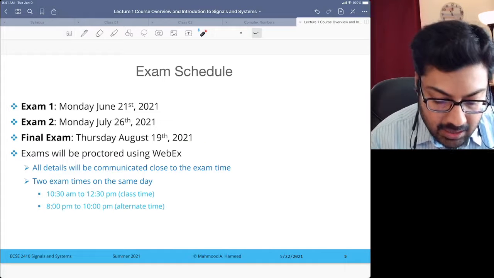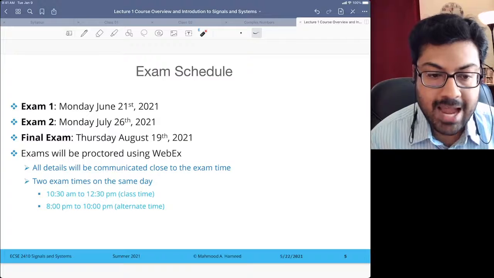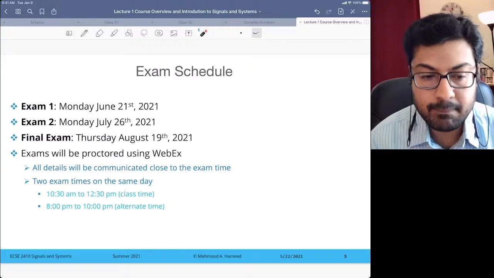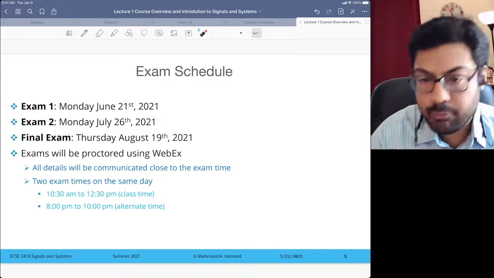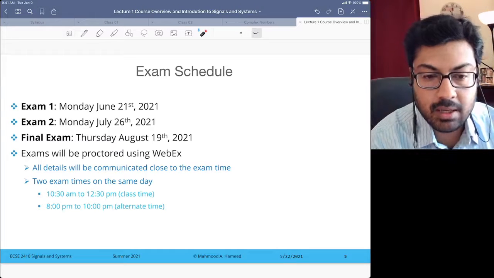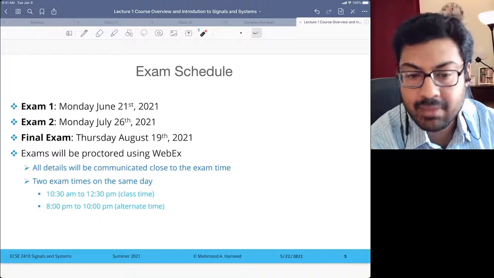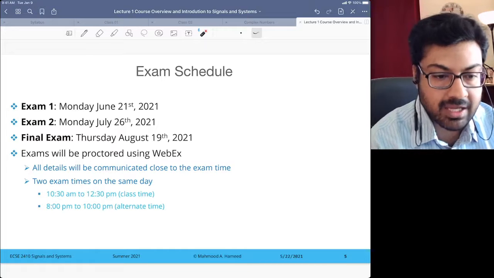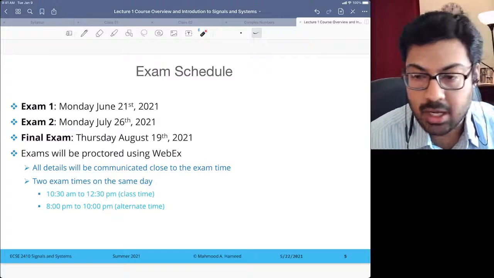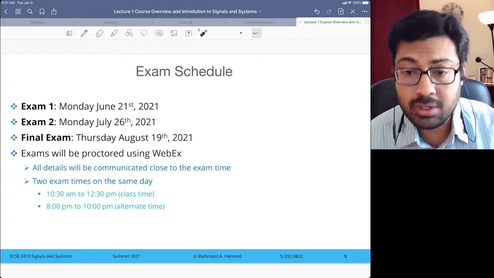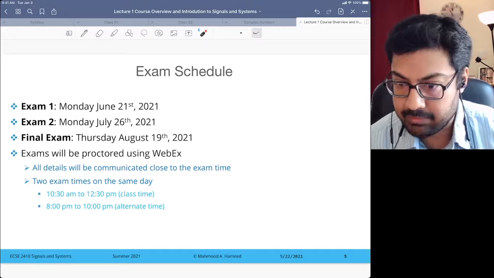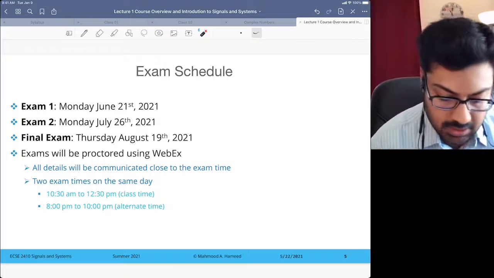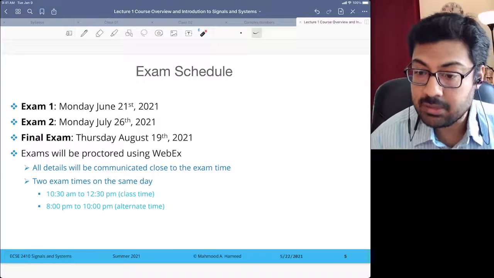And then there is another alternate time slot from 8 to 10 p.m. So I'll ask you guys to sign up for the time slots as we get closer to the exam, and then based on that we can have those 2 separate exams. These will be 2 different versions of exam 1, exam 2, and final exam. Let's see. Questions here?